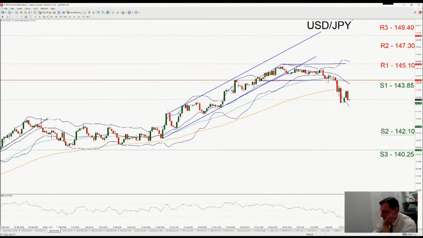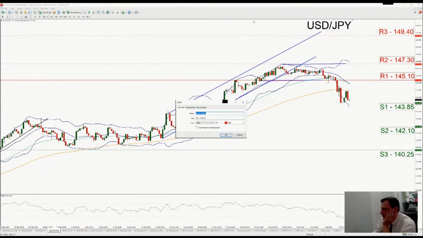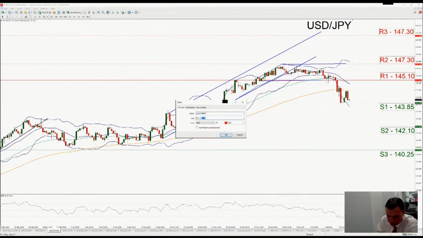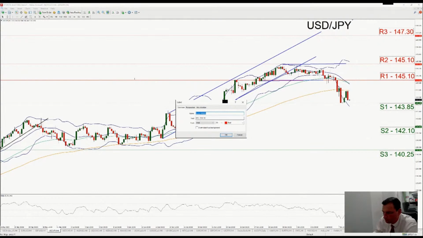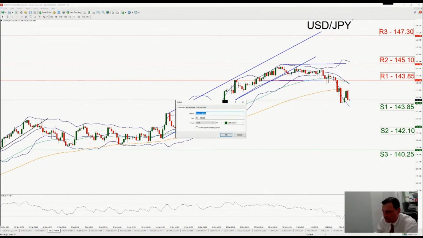Let's readjust the levels as well. 147.30 is now being placed as the R3. 145.10 as the R2. 143.85 as the R1. 142.10 as the S1.